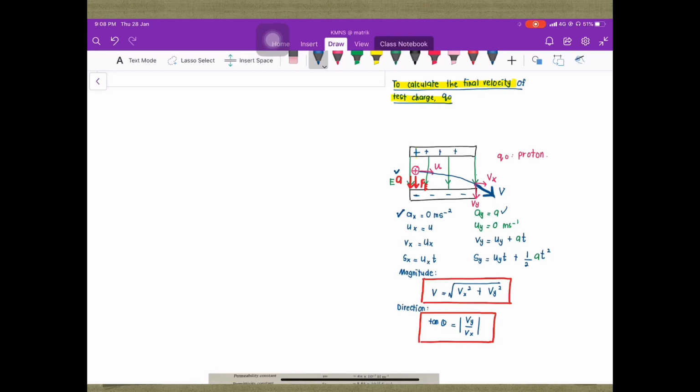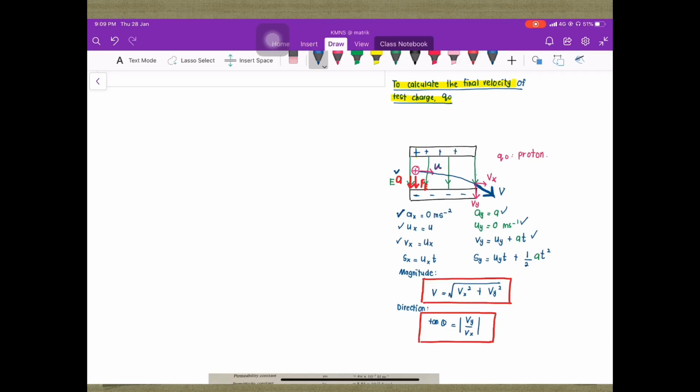And ux equals u because initially the charge is moving along the x axis, but uy equals 0. Next, when we want to calculate Vx, it should be equal to ux. When we want to calculate Vy, we can use u plus at.